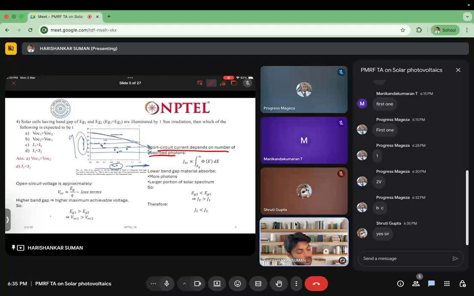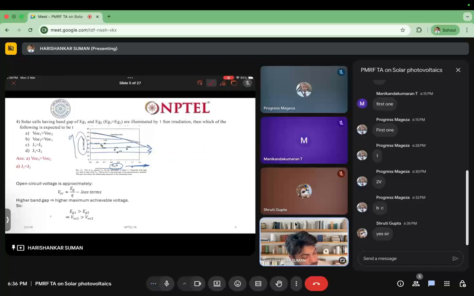What is this? If you have a higher number of photons, the current density will be maximum. A lower band gap material absorbs more photons. For this I have to know the solar spectrum, the irradiation of one sun.